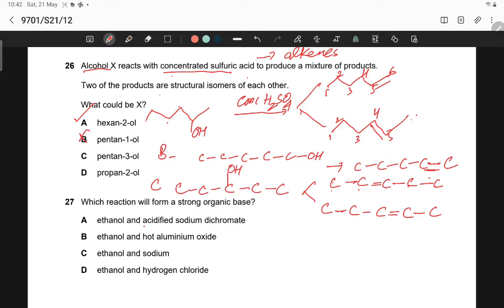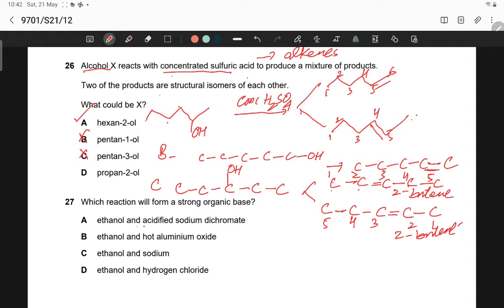So these two structures are the same. This is 2-pentene and this is also 2-pentene. So only one product is formed, and option C is incorrect.